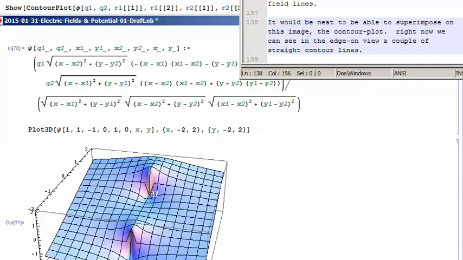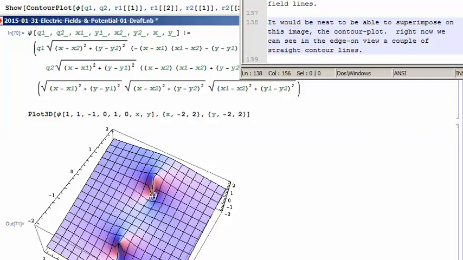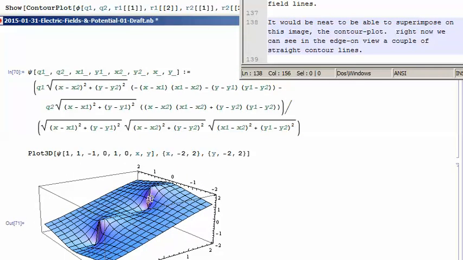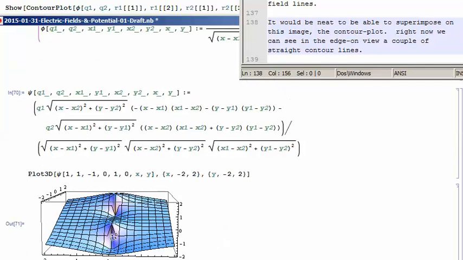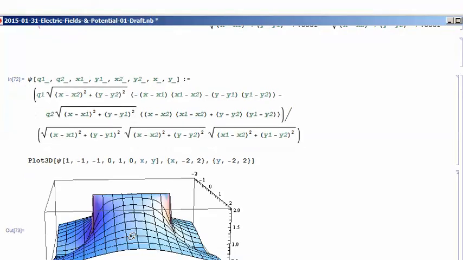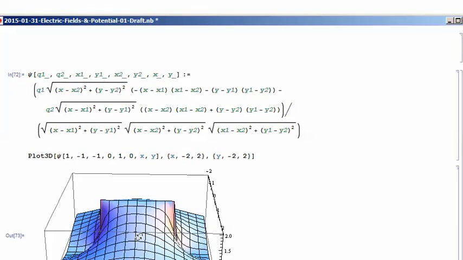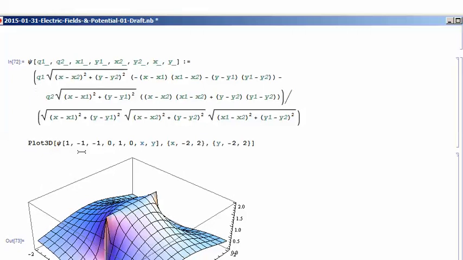I guess they would come out like, you can see that this is almost a straight up line, so several contour lines would actually meet at that point, and this is a straight up curve, so several contour lines would meet at that point.